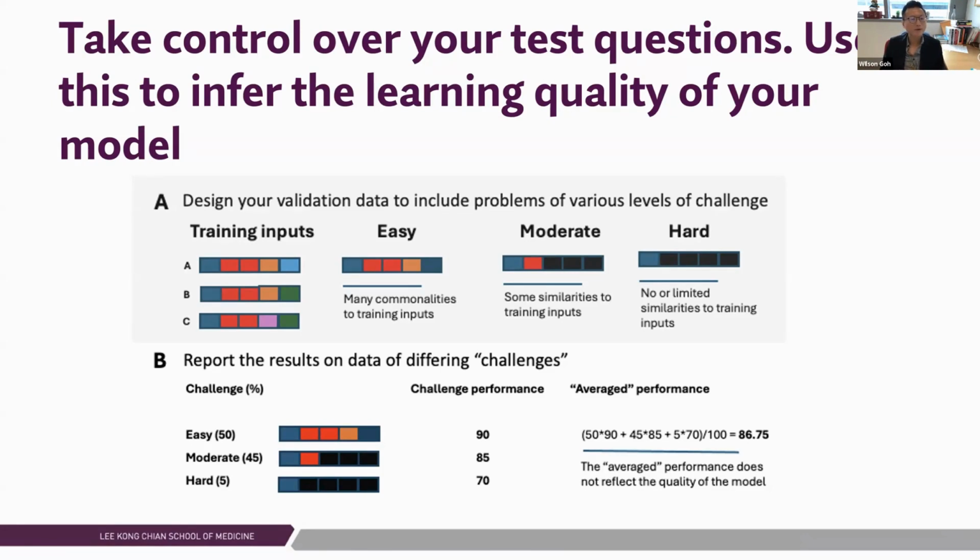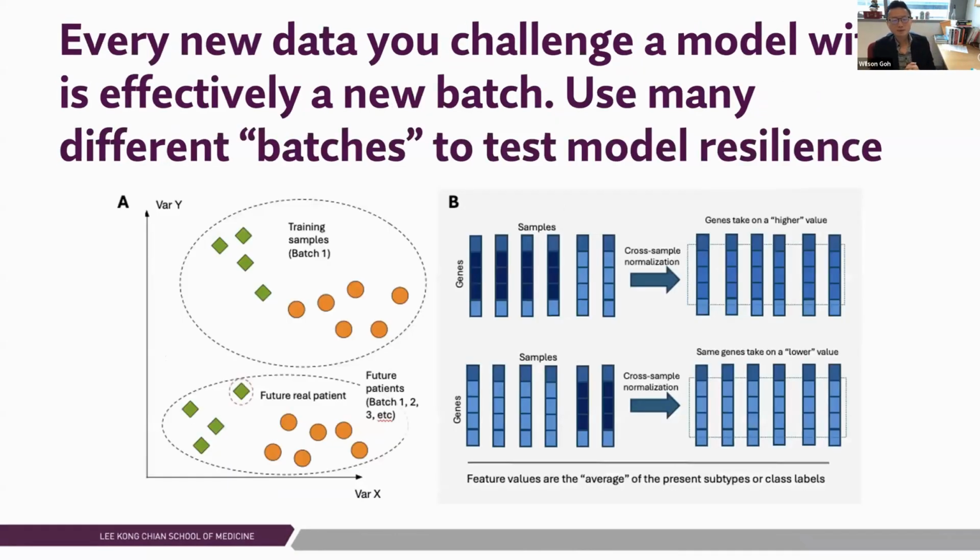All right. Now, this is another point that you need to be aware of, which is on batch effects, and also the outcomes of data normalization or data processing. So every time you challenge your model, the samples that come from that new model is effectively a new batch, which means that it has a different technical or source variation attached to it.